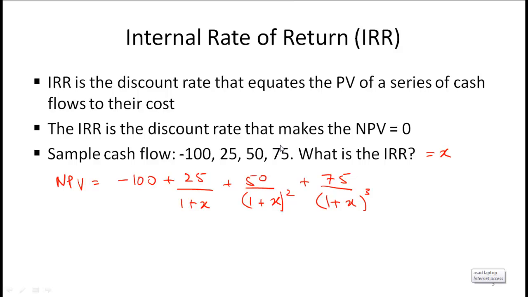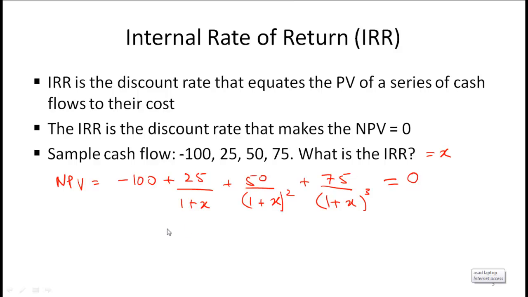Now as you see above, what is the value of X that makes NPV equal to 0? This is one equation, one unknown. It can be solved, though obviously solving this can be a little tedious. You can do this by trial and error, or you can do this on your spreadsheet.